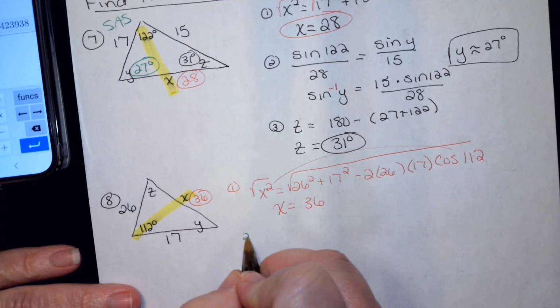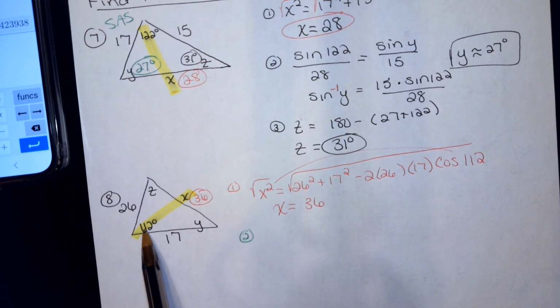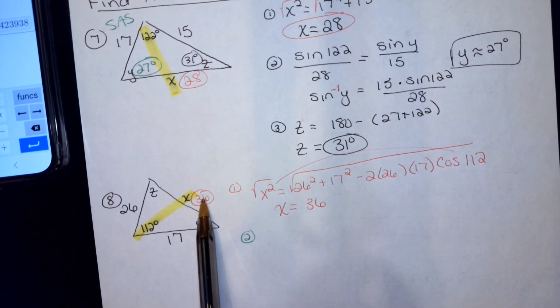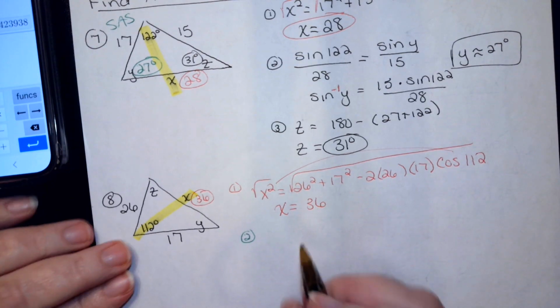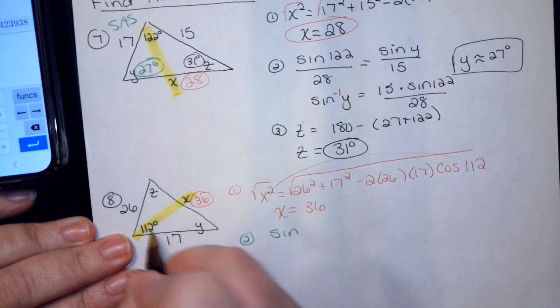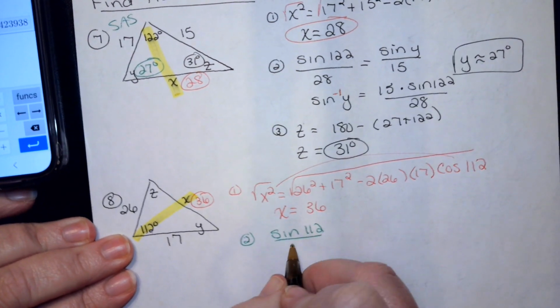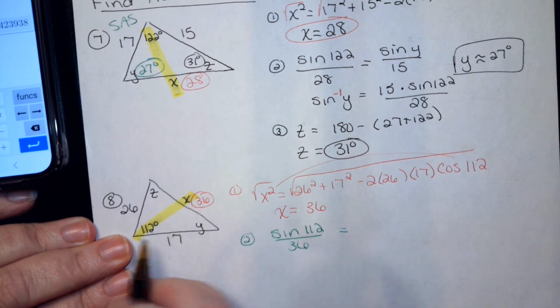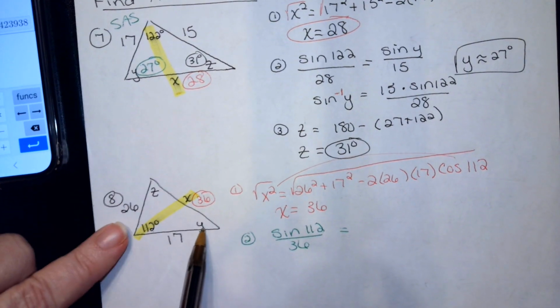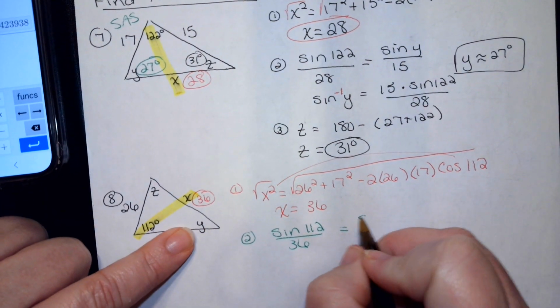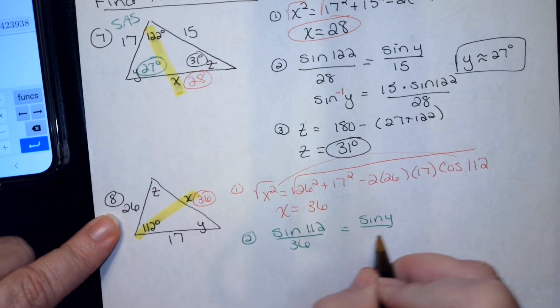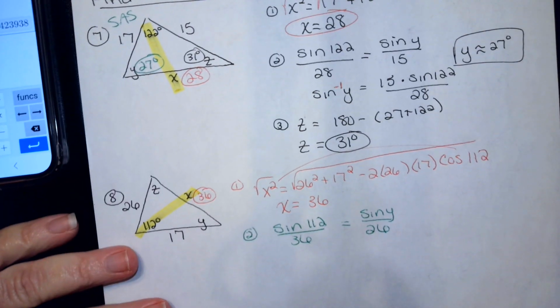Step 2. Now that I know an angle and the opposite side, I can go back and use law of sines. So I'm going to say the sine of 112 over 36 is equal to, let's do y, the sine of y over its opposite side of 26.